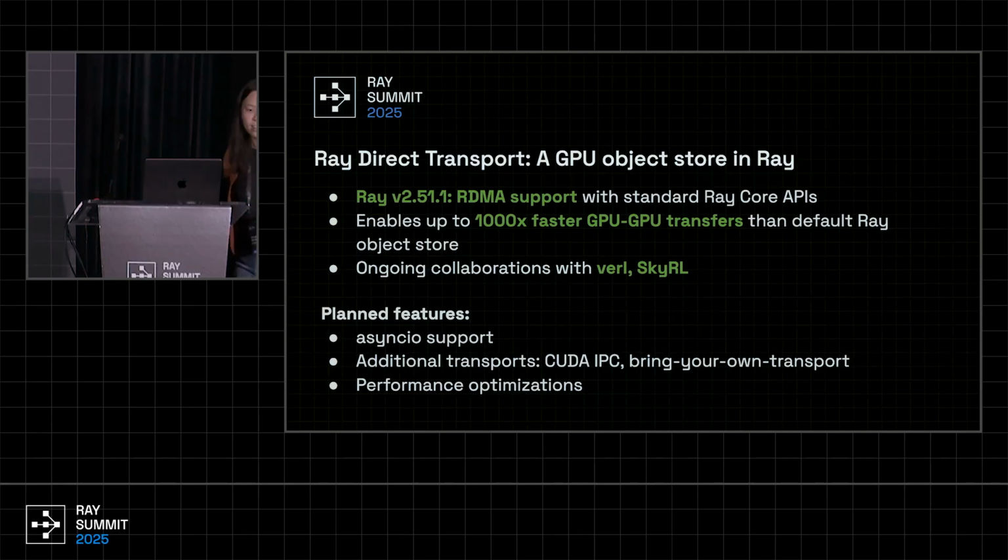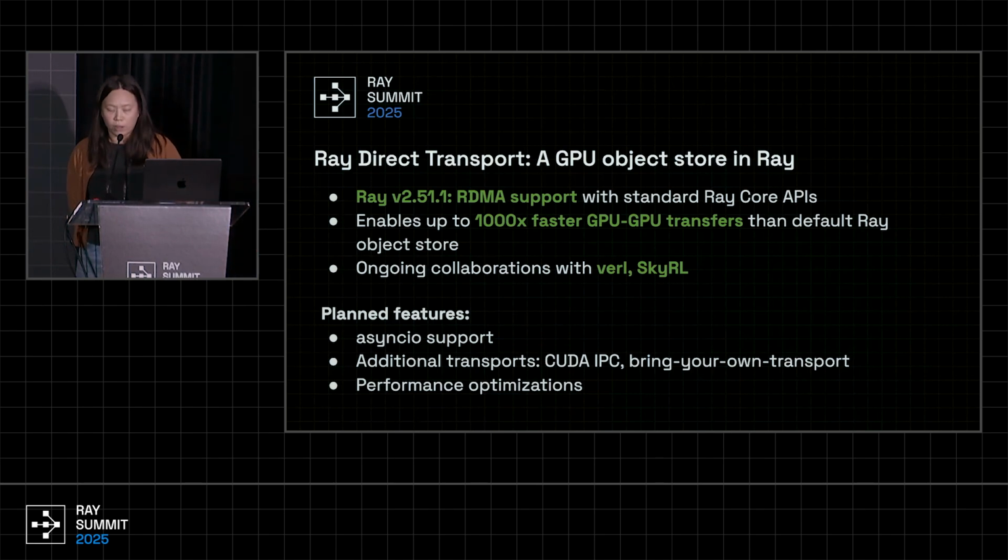Are there any stories related to failure recovery, say, for GPU failures? Yeah, good question. Currently, the failure model depends on which transport you're using. But right now, if you're using a collective group, for instance, and one process fails, the collective group is no longer usable. So we destroy the collective group and we just propagate errors.